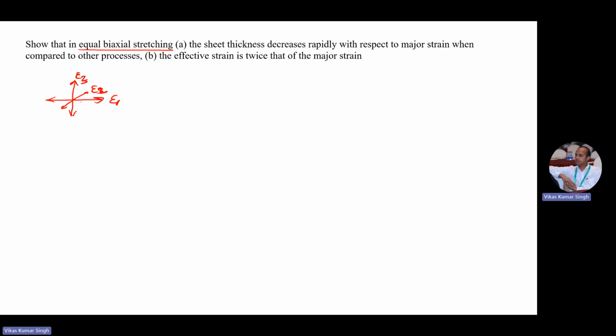We can consider one plane in this direction and the perpendicular plane in this direction. Generally sigma 3 is the thickness direction. Okay, so let us start.